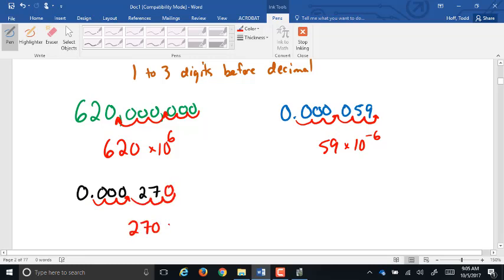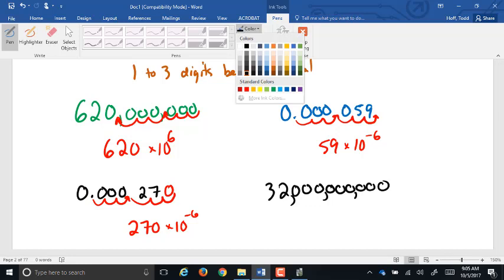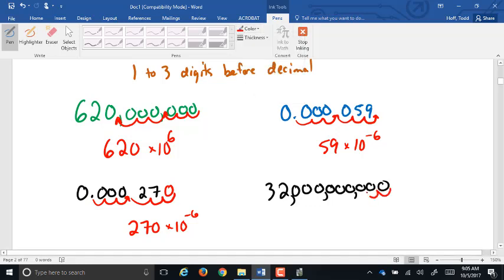So that is 270 times 10 to the negative 6. So here, I move the decimal point. 1, 2, 3. Can I keep going? 4, 5, 6. Keep going. 7, 8, 9. Keep going. No. So that's 32 times 10 to the 9th.